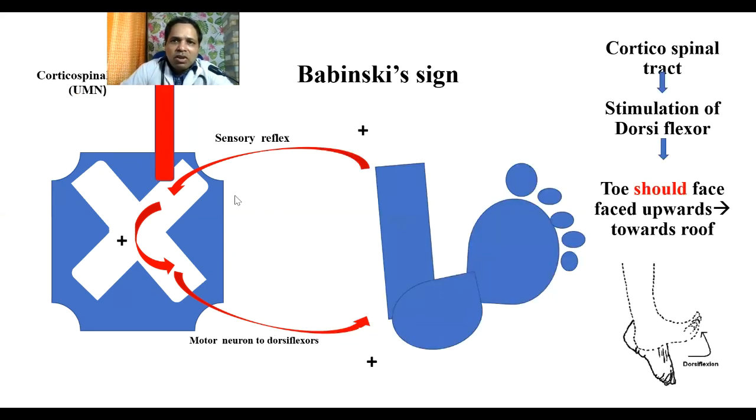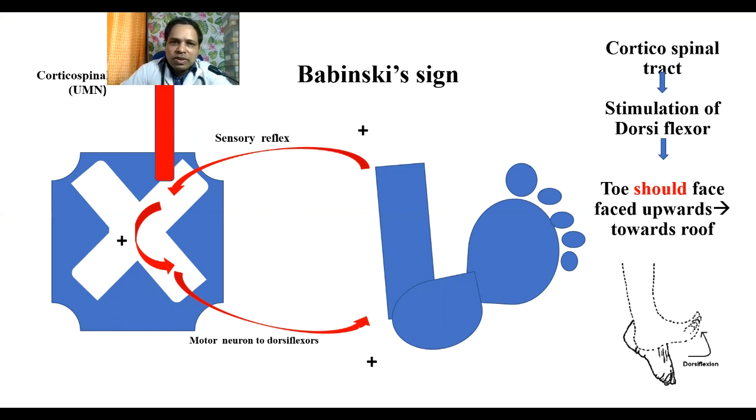Now what is happening here? When you do this, the corticospinal tract is going to initiate the impulse, and usually the stimulation of dorsiflexors. If you do this voluntarily, the toe should face upwards towards the roof. In case you stimulate the corticospinal tract, the dorsiflexor should get stimulated and your toe should fan out and face towards the roof.